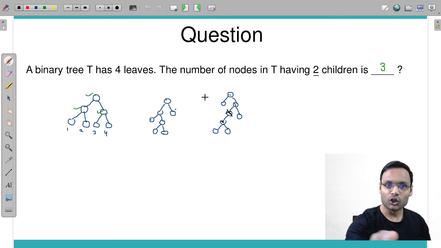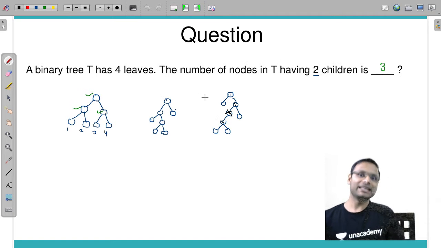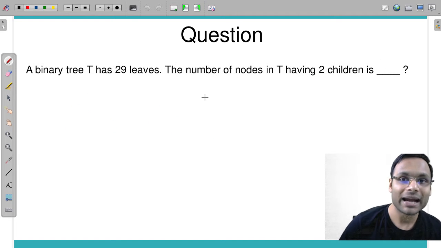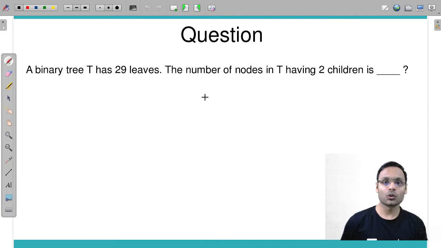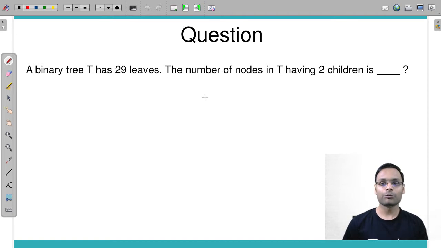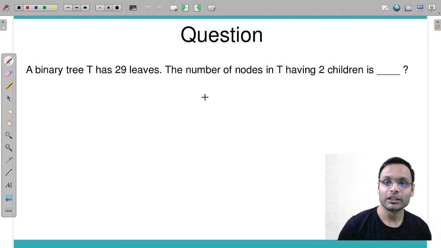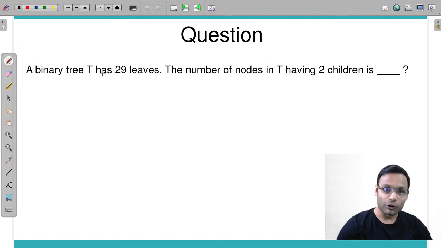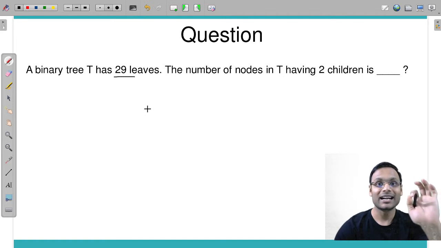I can draw this kind of example easily, but if the number is a little larger, say a binary tree T has 29 leaf nodes, then how many nodes will you have with 2 children? For this question you need to understand the concept.